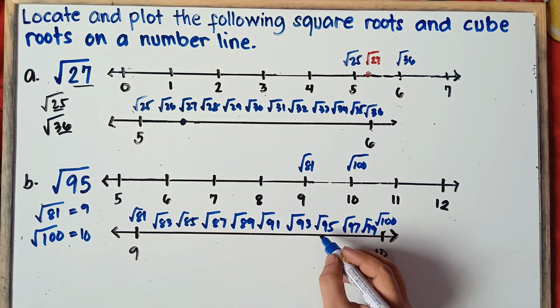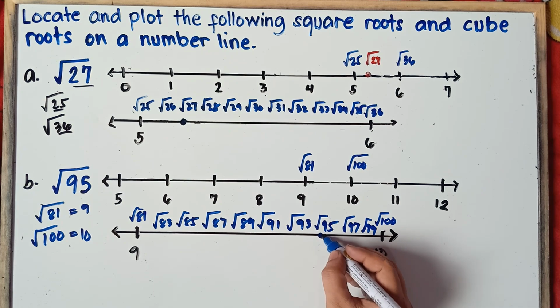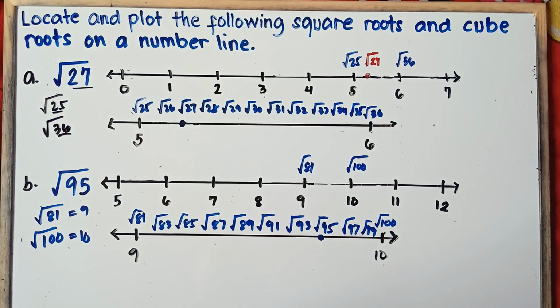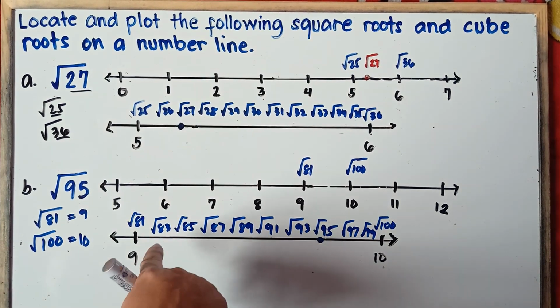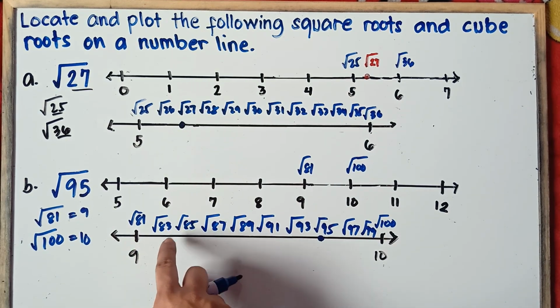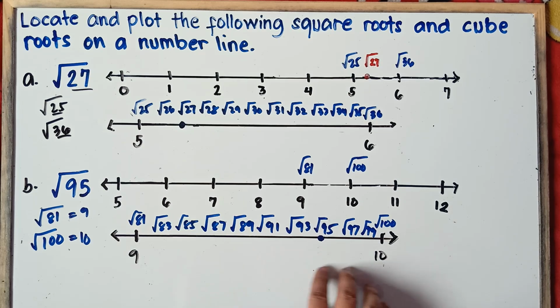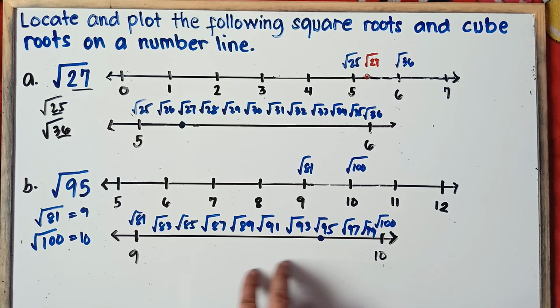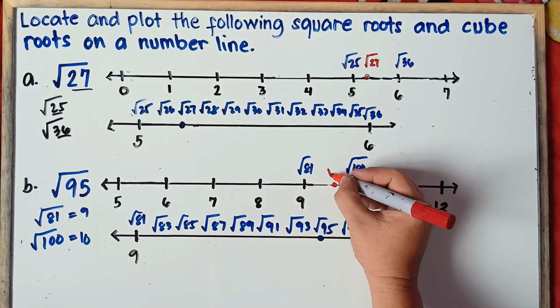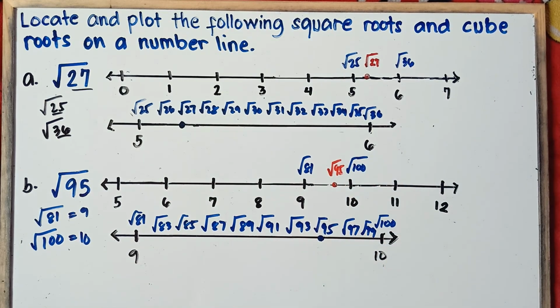So this is the square root of 95, near 10. You can do the skip counting, class, because we don't have enough space to write all those numbers, so we skip count by 2. Therefore, the square root of 95 is near 10.